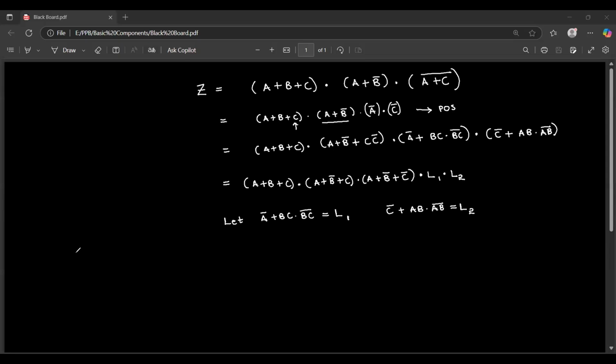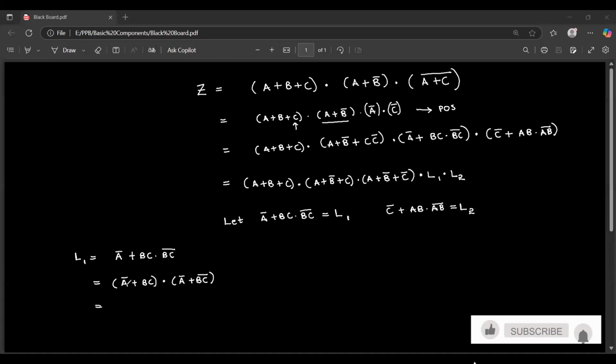Let's simplify L1 first. L1 is given as A bar dot BC plus BC whole thing bar. What I can do here is use the distributive law directly. That gives me (A bar plus BC) into (A bar plus BC whole thing bar).